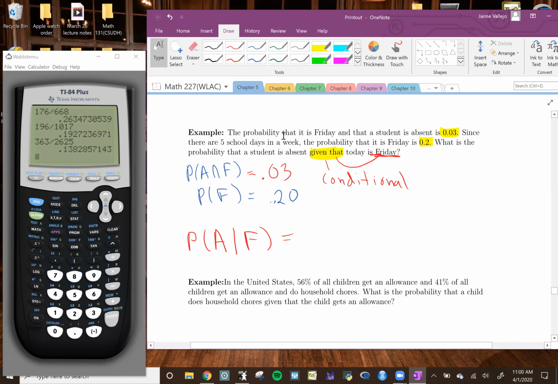They're telling me that on a random day, the probability that a person is absent and it is Friday is 0.03. But for the last one, we already know it's Friday, so we don't have to worry about the day. We only have to worry about the probability that the person is absent on Friday.